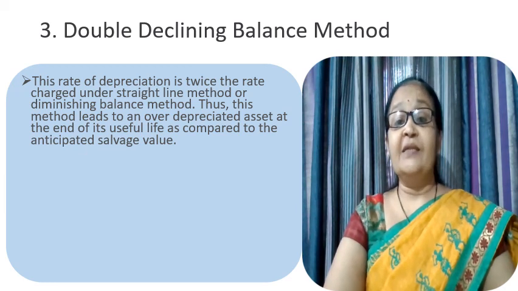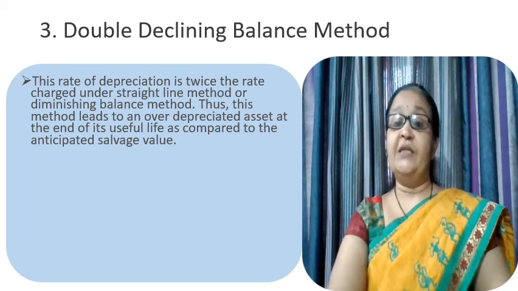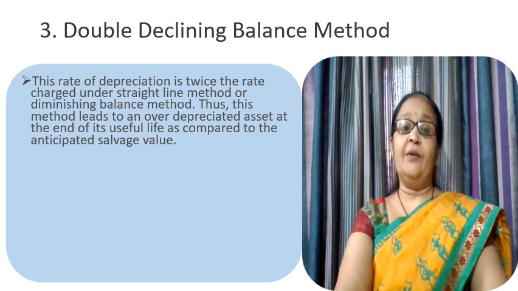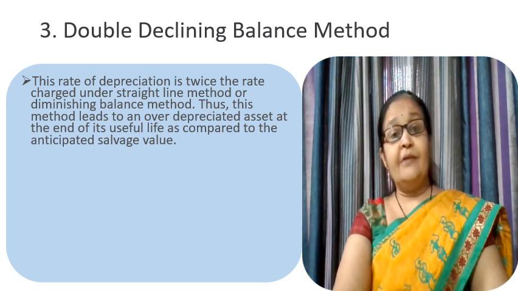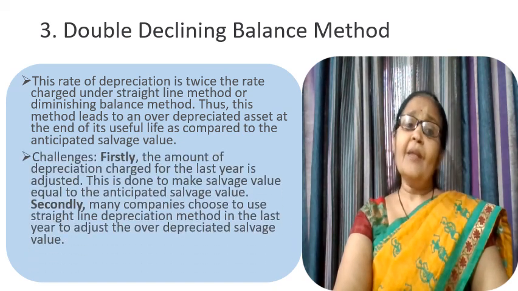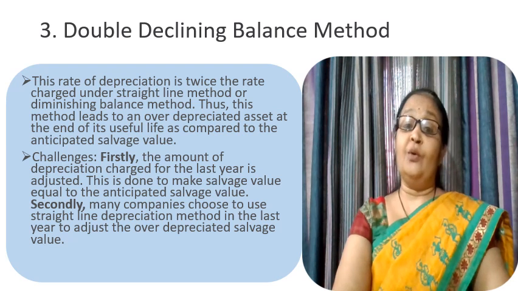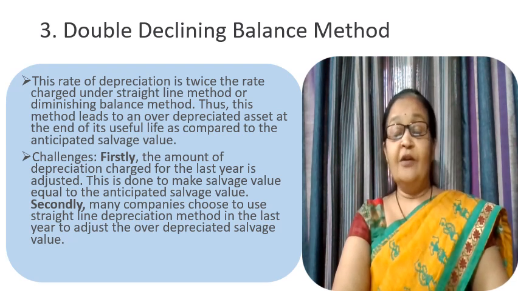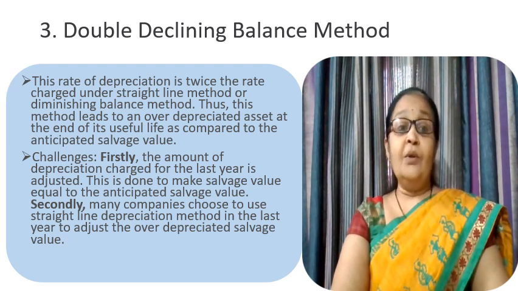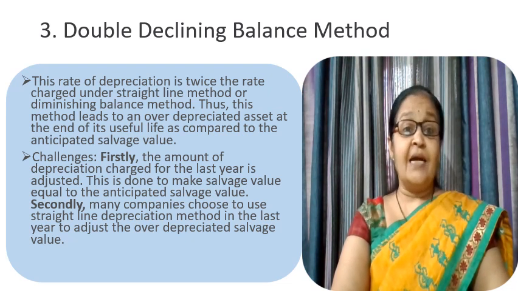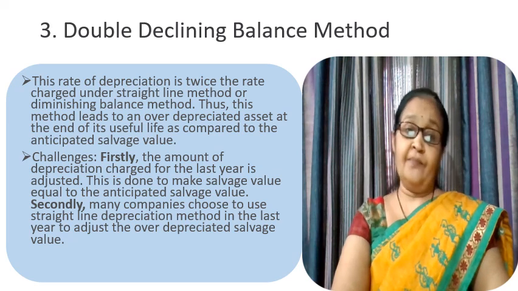Thus, this method leads to an over-depreciated asset at the end of its useful life as compared to the anticipated salvage value. Therefore, companies adopt various approaches in order to overcome such a challenge. Firstly, the amount of depreciation charged for the last year is adjusted.